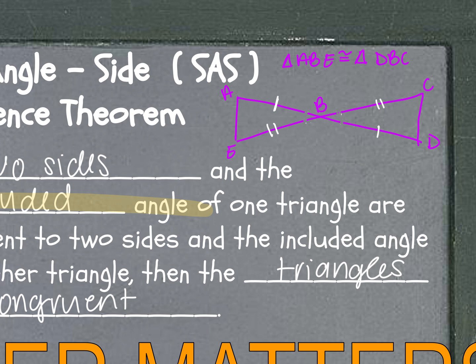We should know that because they're vertical angles, they are congruent. Moving on with chapter 5, you have to know that vertical angles are congruent because it's not always going to give you these little symbols for my angles.